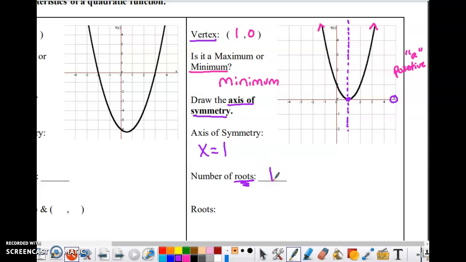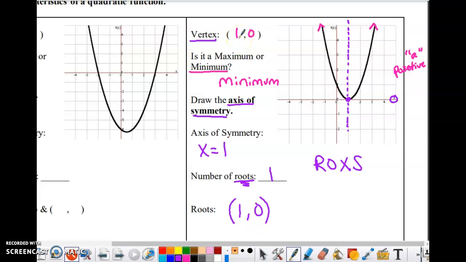It only has one. And remember, ROXS: roots, zeros, x-intercepts, solutions all mean the same thing. And my solution, my root, is at (1, 0). Hey, the root is the same thing as the vertex.